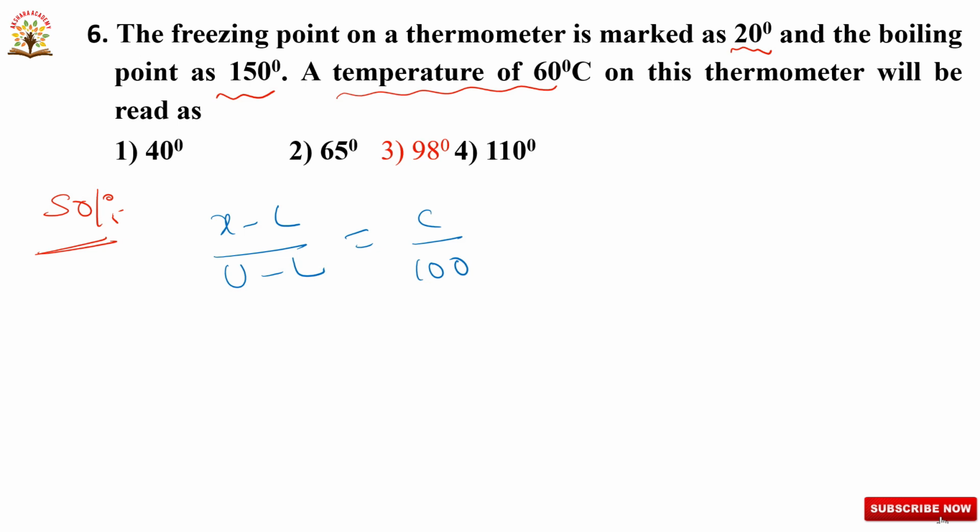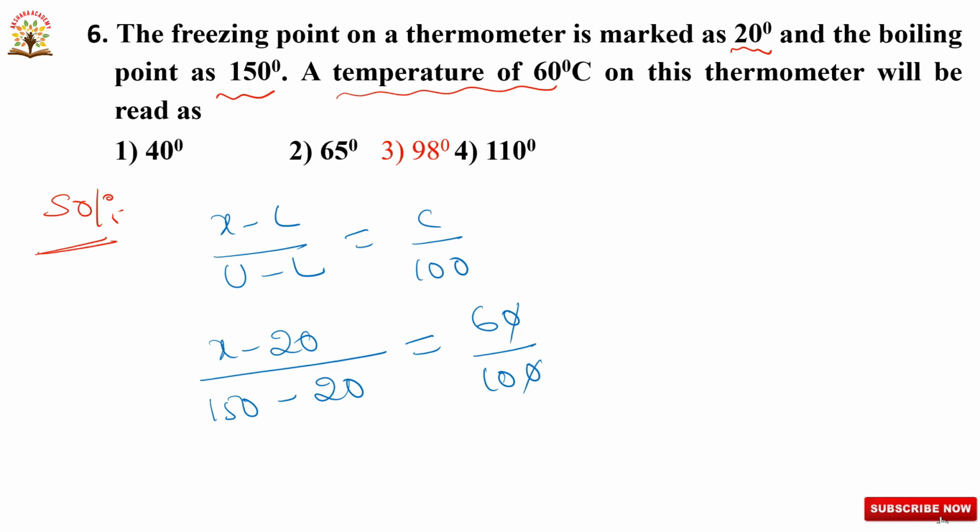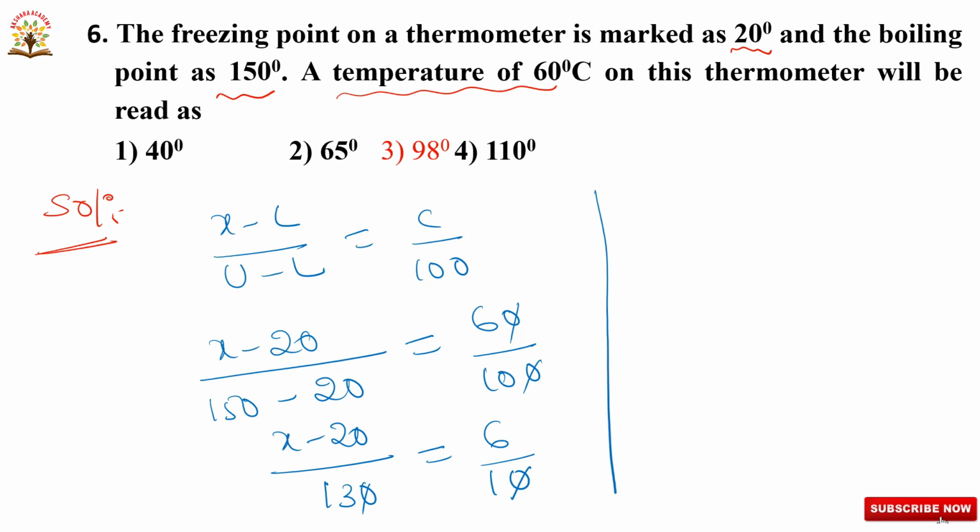So substituting the values, (x minus 20) by (150 minus 20) is equal to 60 by 100. The zeros cancel. (x minus 20) by 130 is equal to 6 by 10. Again the zeros cancel each other, and the remaining is, taking cross multiplication, x minus 20 is equal to 13 times 6, which is 78.